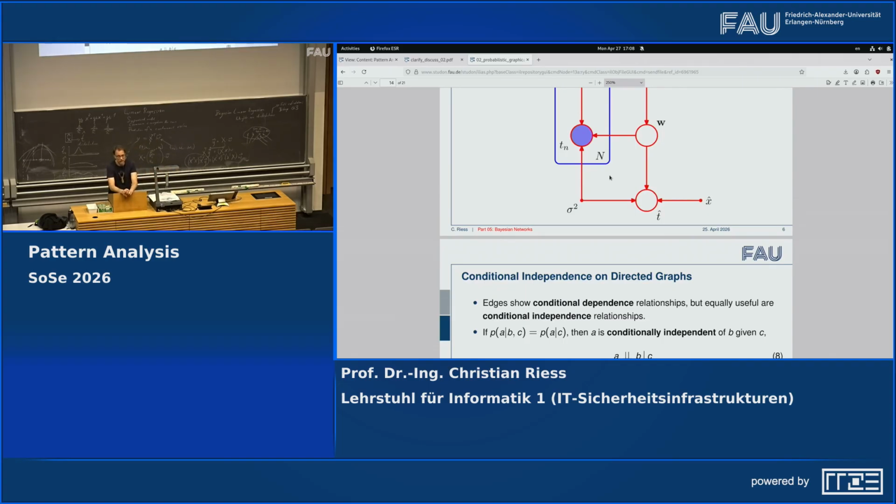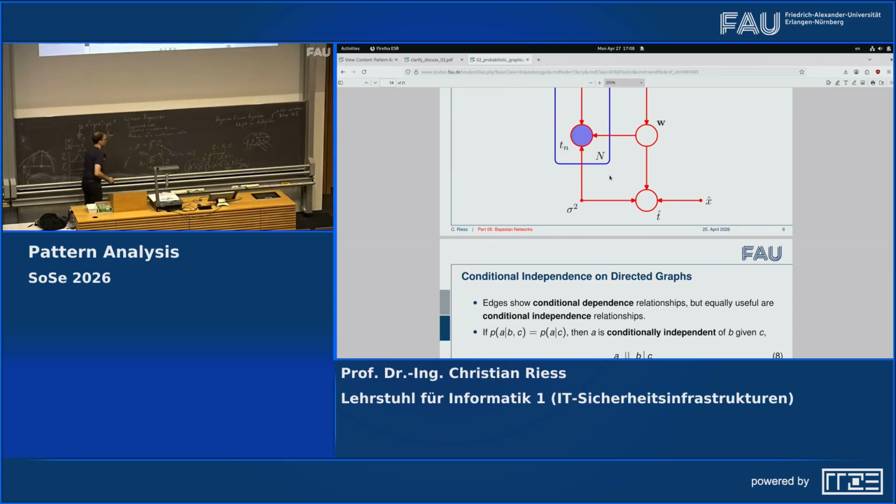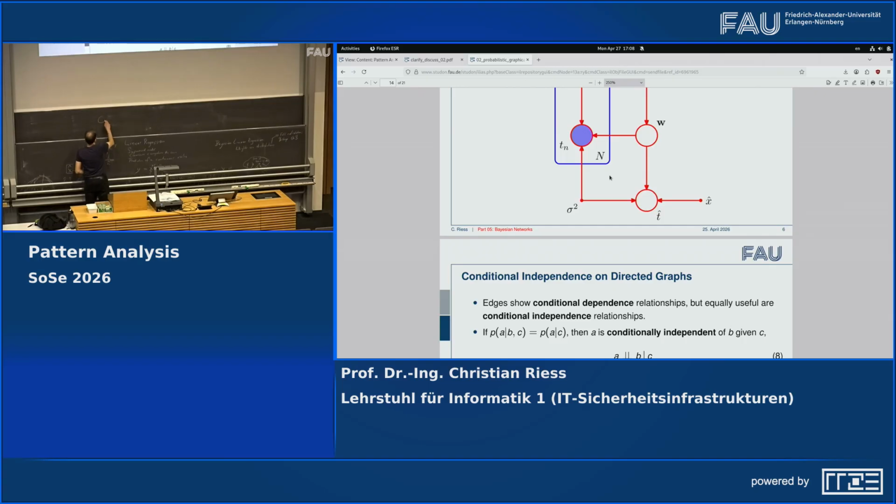Let's just try to come up with some language here. So if I have a graph like this, a dependency structure like this, this is A, this is C, this is B, three random variables.